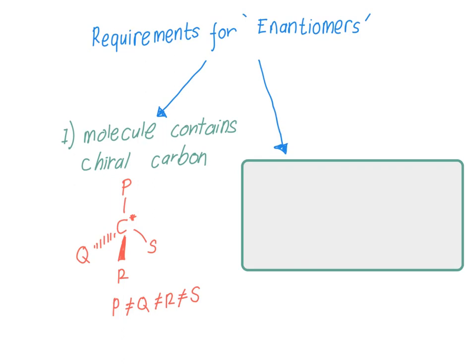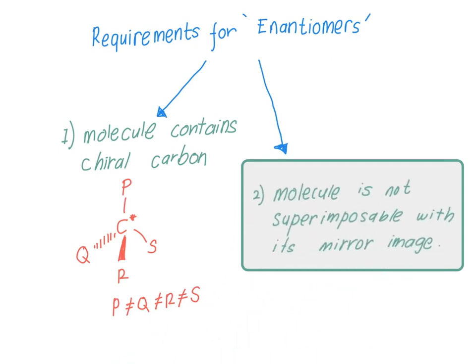And another requirement for enantiomers is that the molecule is not superimposable with its mirror image. The best analogy to describe this is your right hand and your left hand.